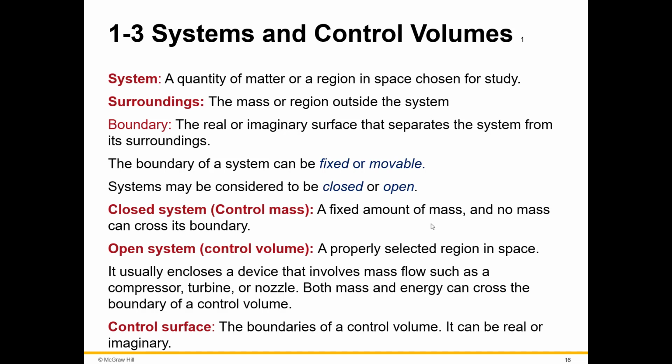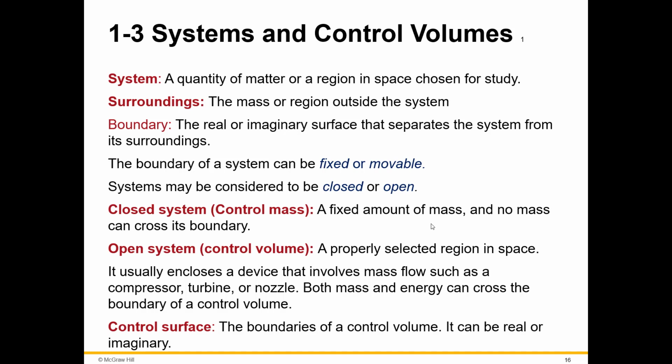And then what is my boundary? Well, it can be real or imaginary. In my case, it would be imaginary. I would imaginarily draw a line around my 1 square foot of grass. And I would say, well, here's my boundary. This is going to separate my system from my surroundings. But if you're looking at a piston, which is a great example we will use, well, then the cylinder is my actual boundary, right?